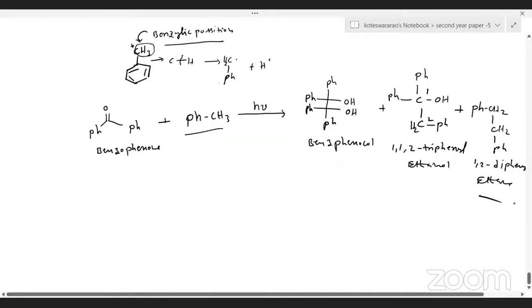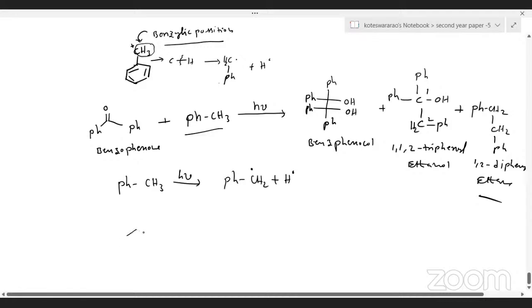If you observe yesterday's mechanism, now you can understand what the possible free radicals are. First, the CH3 undergoes photochemical homolytic cleavage of the C-H bond that leads to formation of a CH2 radical, and at the same time an H radical.